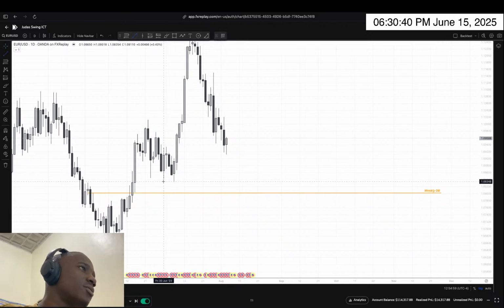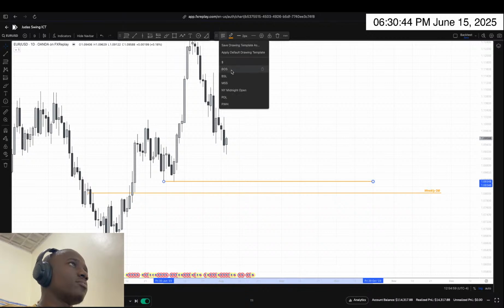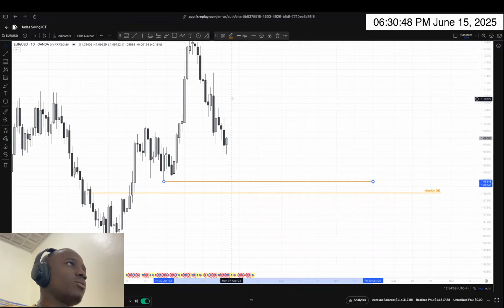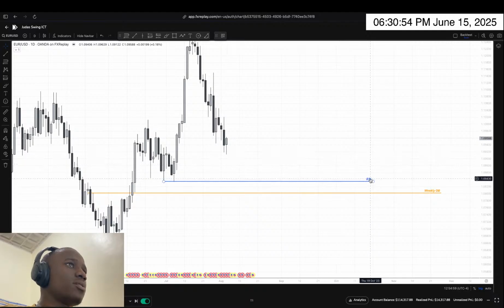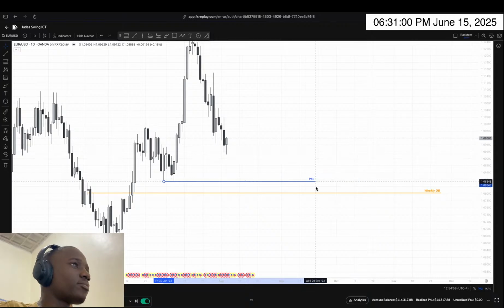We have these previous equal lows, where are they? Alright, I don't have them, but I think I can use some other templates like this. Okay, good. So it's a PEL. Good.